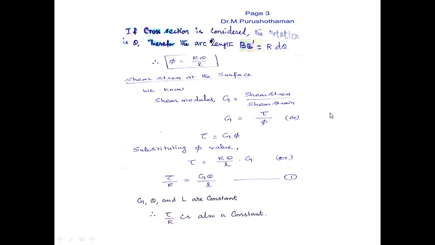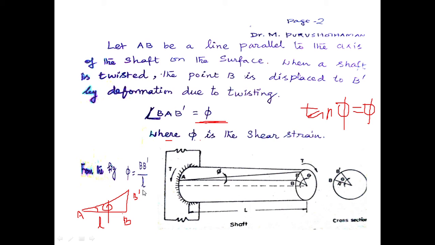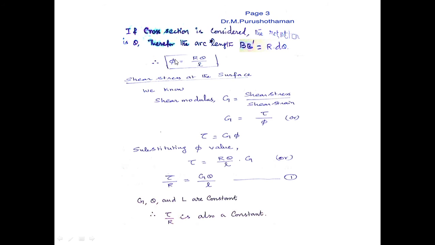Already we know phi is BB dash by L. Here BB dash is R theta, so instead of BB dash we put R theta, that is R theta by L. It is not d theta, it is theta, right? So R theta by L.